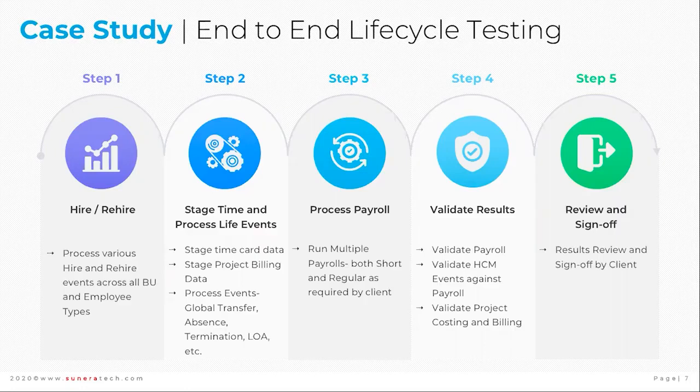You can run different payrolls, and then validating the results, right? Across payroll, validating it for the events, validating it for the costing and billing, and then signing off, right? So basically, with automation, not only can you cover functional testing of individual modules, you could also cover end-to-end testing including payroll functional testing as well as data testing, right?